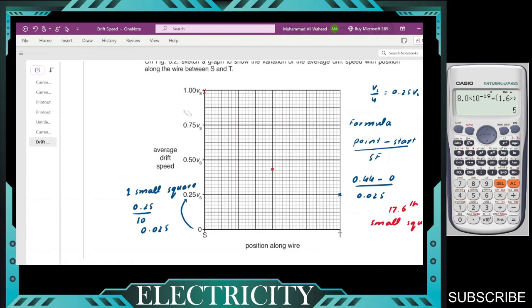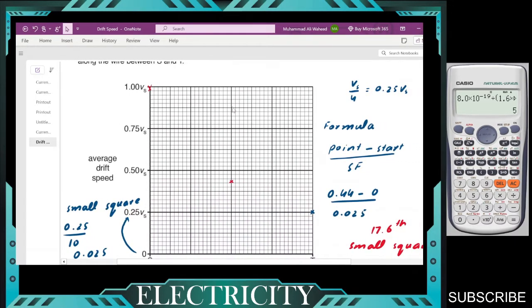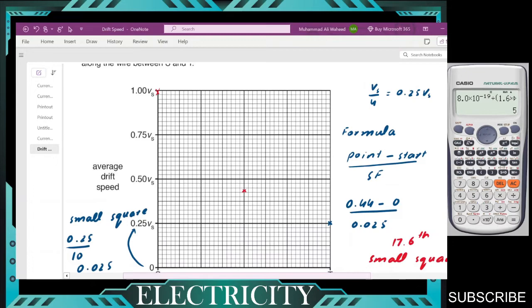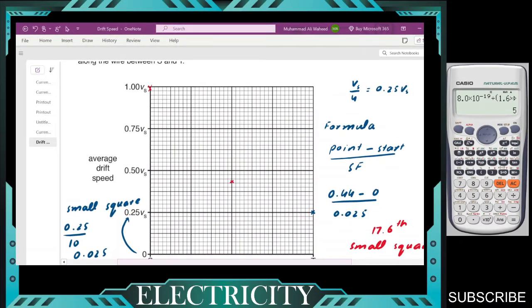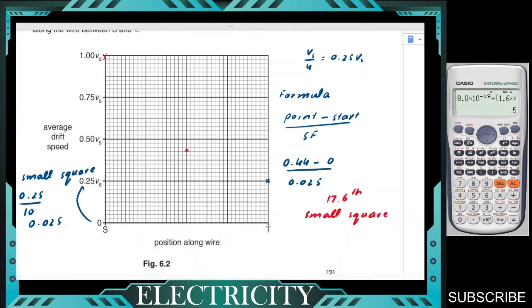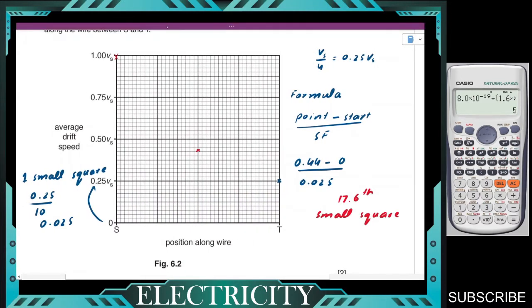Now that you have plotted at least 3 points, and you see the trend of the points, you can safely say that the graph is, first of all, not a straight line. It would be a curve, and you simply have to join the 3 points with a freehand curve and you'll get the desired answer.